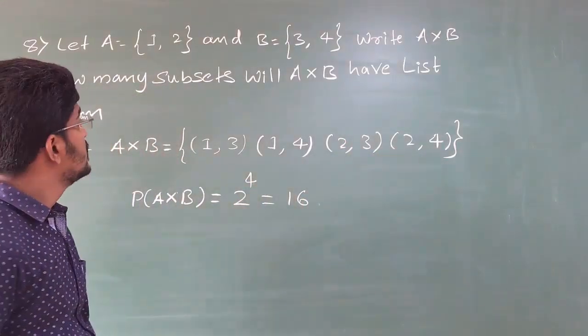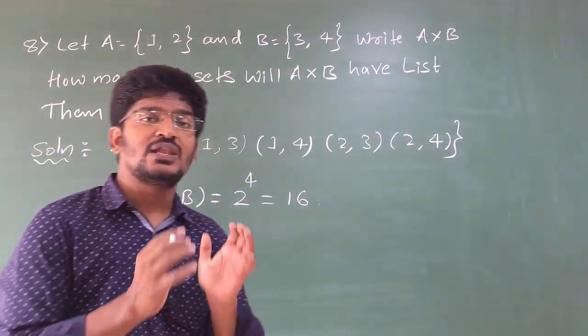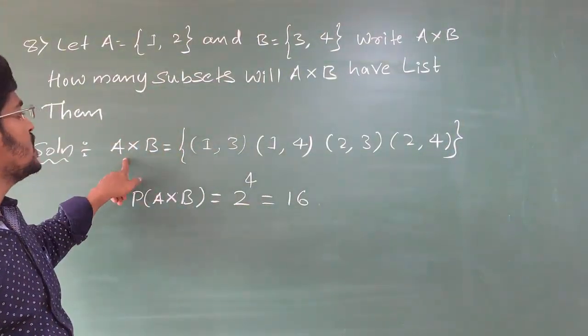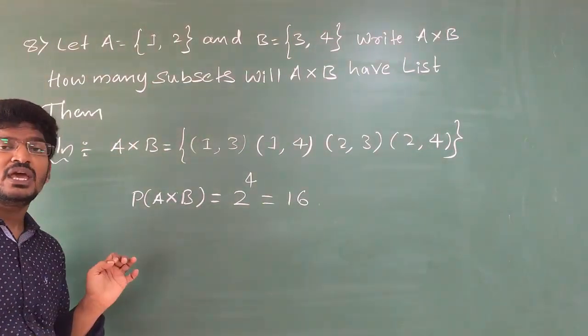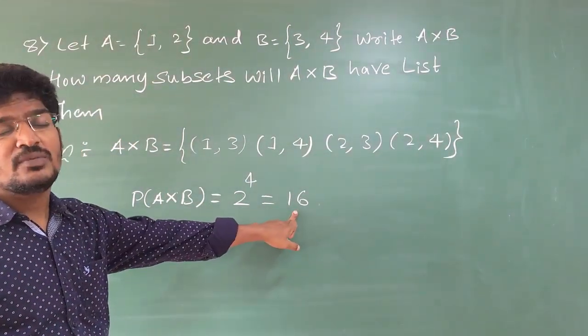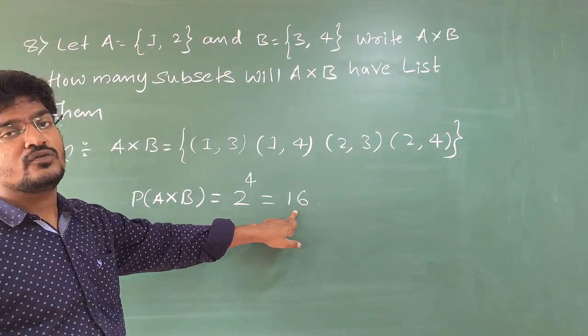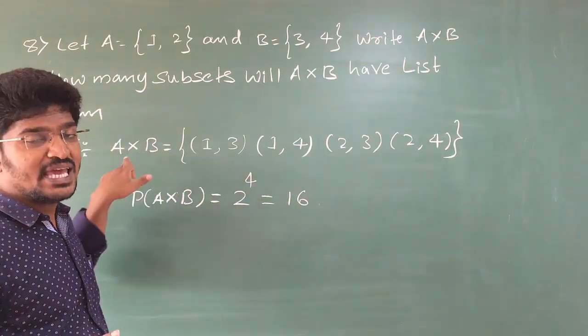That means the number of subsets will be 16 for A cross B. I am using the formula of power set for the given set, that is A cross B.